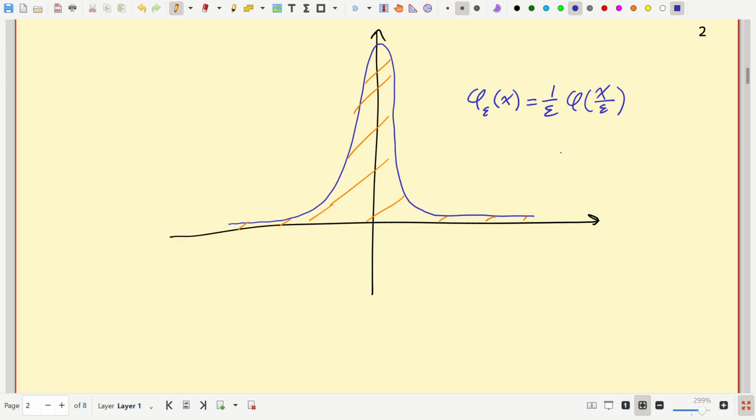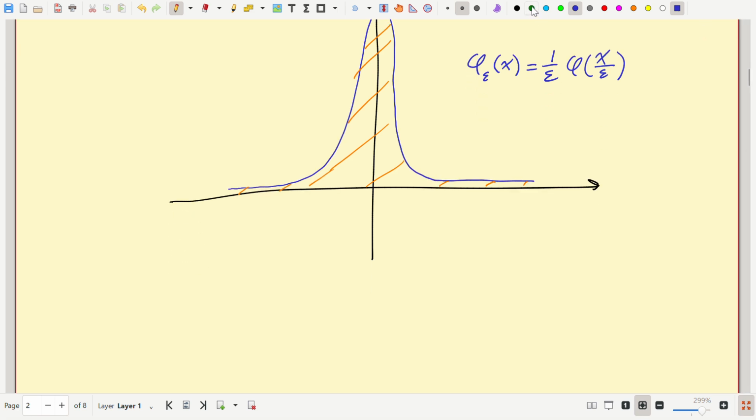Check that. You do a change of variables. Let u be x over epsilon.